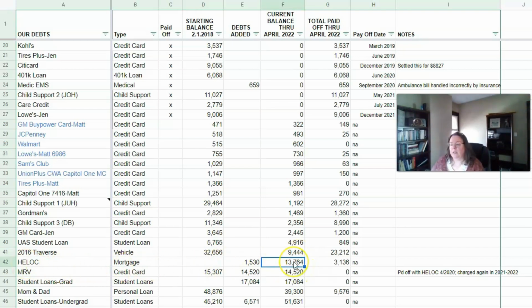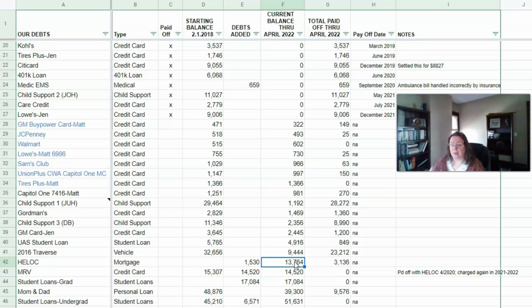This is the HELOC that we took out 2 years ago about now, and we took it out to get our credit card interest down, and it worked. We paid off the credit card, and the interest went way down, from like 17.99% to 6.25% for this HELOC.